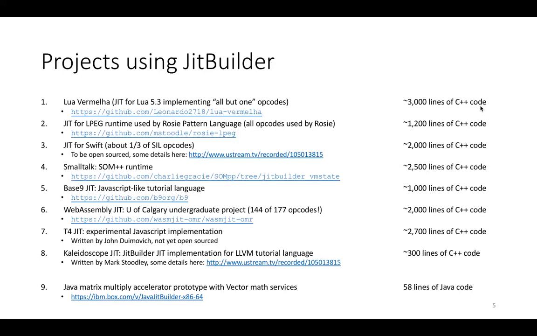So maybe the performance that you can see in these JIT compilers may not match the 100x numbers that you hear with other projects, but it also comes with a much lower investment level. And we're always improving OMR and JitBuilder to try to improve the performance, and we're hopeful that we can get there without requiring a massive amount of investment in terms of a JitBuilder client. So there's nothing here that's more than 3,000 lines of code in any of these projects right now.